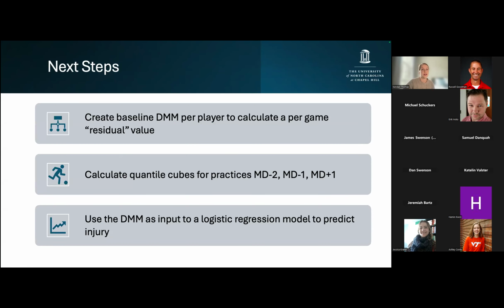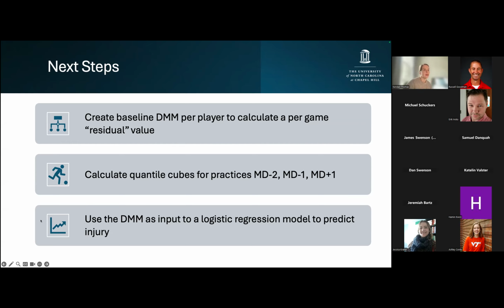And so our next steps would be to create a baseline Dirichlet multinomial model per player to get a residual per game for each player. And then also to calculate our quantile cubes for practices 1 day before, 2 days before, and 1 day after a game, and use those as input for our DMM rather than the scores that players are giving themselves.